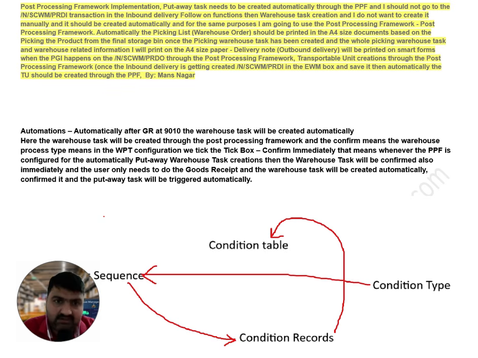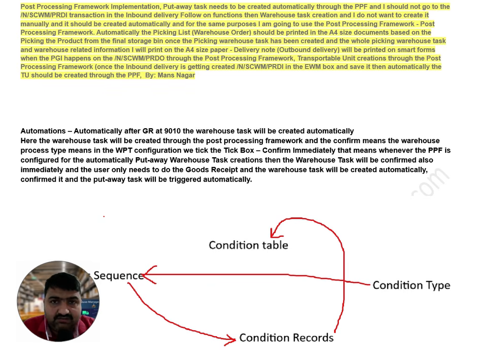Okay, so automatically the picking list, here we will see the warehouse order, should be printed in A4 size. This warehouse order would be printed automatically in an A4 size document based on picking the product from the final storage bin.